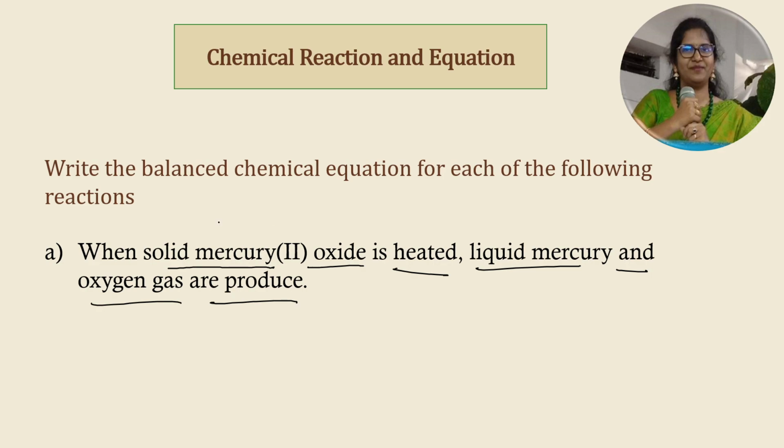So what is given here? Solid mercury oxide, that is HgO, which is in solid state, will give you liquid mercury, just mercury in liquid state, and oxygen.